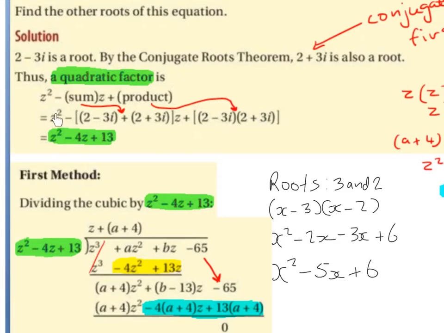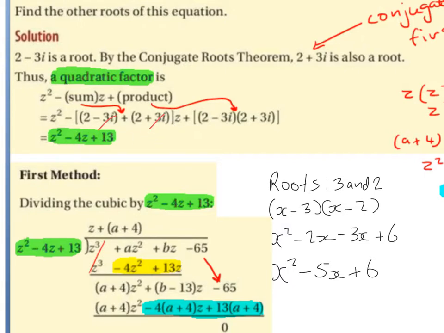So we bring down the z squared. We have 2 plus 2, which is 4, and we have a minus in front, so we've got minus 4. And then minus 3i plus 3i will cancel. So that minus 4 is now stuck onto a z.